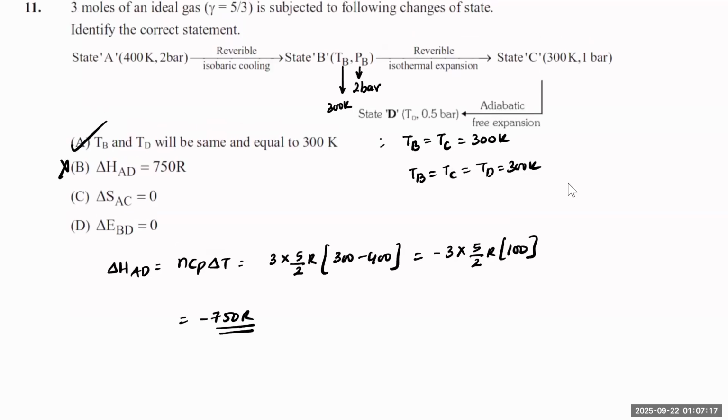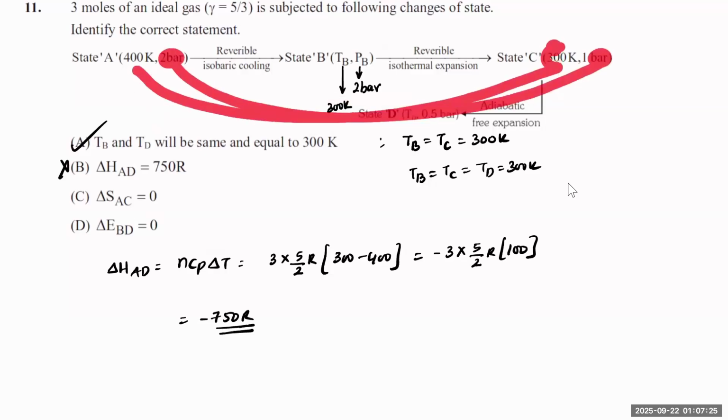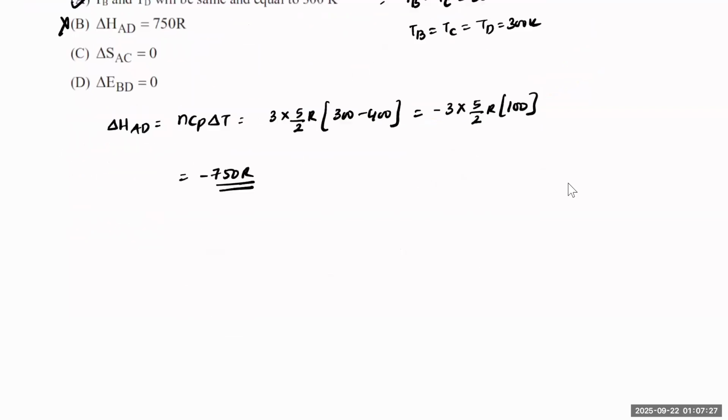Next. A to C. Check from A to C. See, pressure is also changing. Temperature is also changing. So we have to apply these two factors here. So check delta S, what is the formula we learned? nCv ln T2 by T1 plus nR ln V2 by V1. So let me put this V2 by V1 in terms of pressure also.